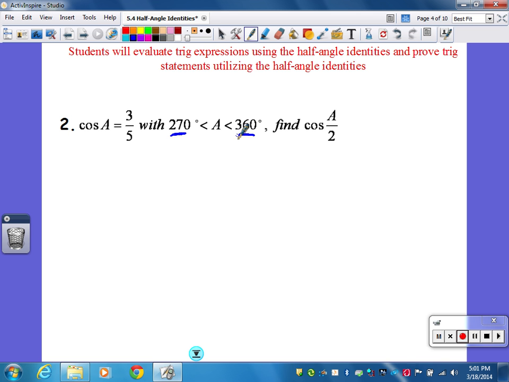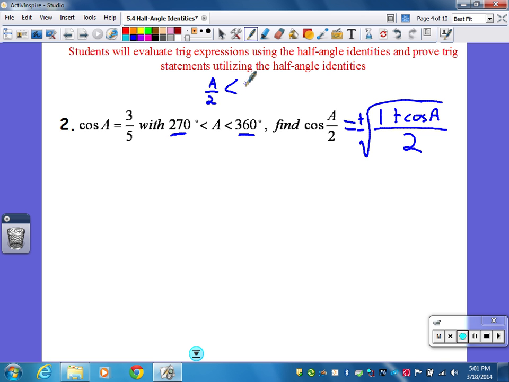Right away once again, okay, cosine A over 2 is plus or minus the square root of 1 plus cosine of A, that's over 2 again. Well, now we're thinking, okay, I need half the angle of what cosine A was. So we're going to do A over 2 again.